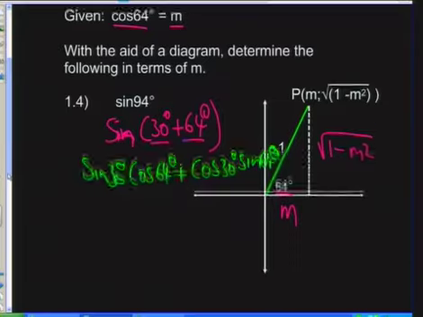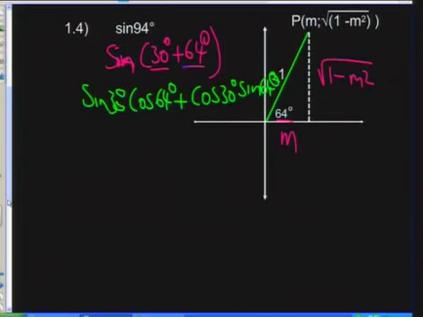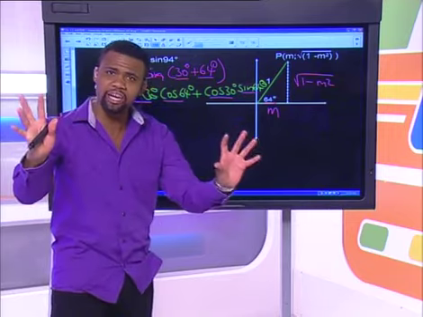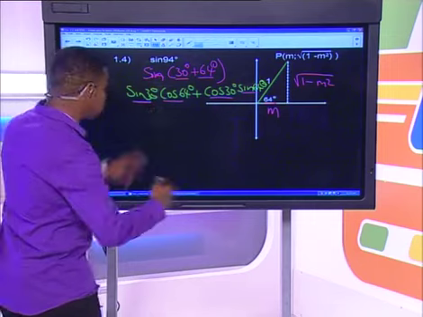Okay, good. From there, I can determine this and that using the diagram. But what about sine 30 and cos 30? I'm happy with this because for 30, I can use my special angles. I don't have to worry about this.